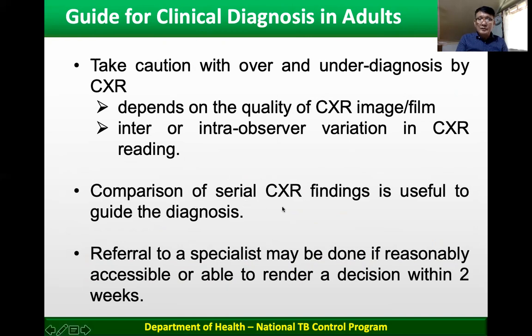Now, comparison of serial chest X-ray findings is useful to guide the diagnosis. Referral to a specialist may be done if reasonably accessible or able to render a decision within 2 weeks.